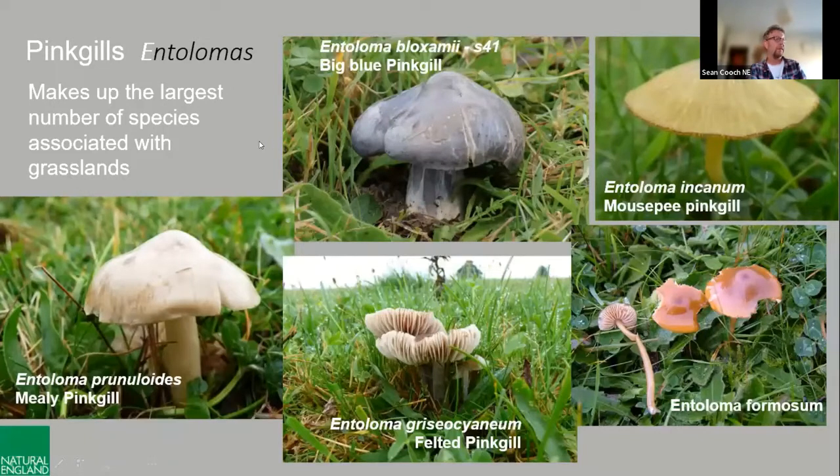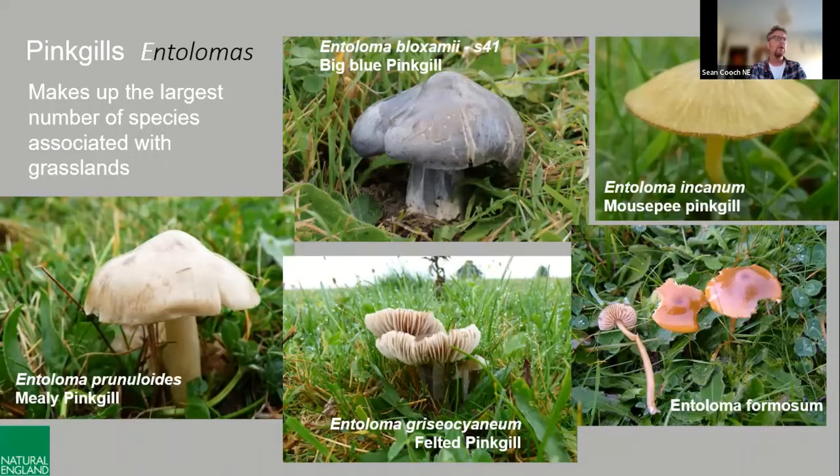Then we have the Entolomas, the E, obviously, and actually this comprises the largest group of species found within the waxcap grassland assemblage. They're a very tricky group, to put it mildly. I've shown here some of the easier ones to identify, such as the big blue pinkgill, Entoloma bloxamii, which is actually a protected Section 41 species in England.